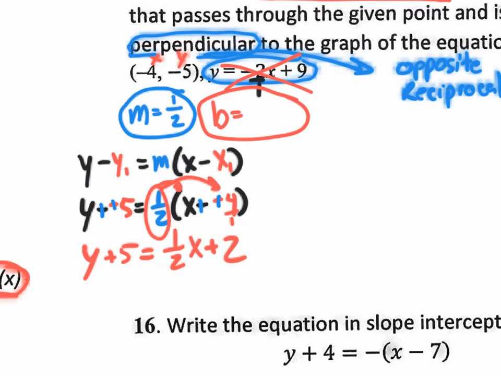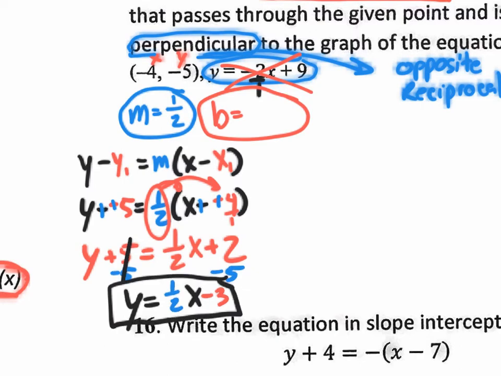So all I need to do now is get rid of that +5 by doing the opposite, -5 and -5. So my final slope-intercept form equation is y equals 1/2 x minus 3. There is my slope-intercept form equation. Y equals 1/2 x minus 3.